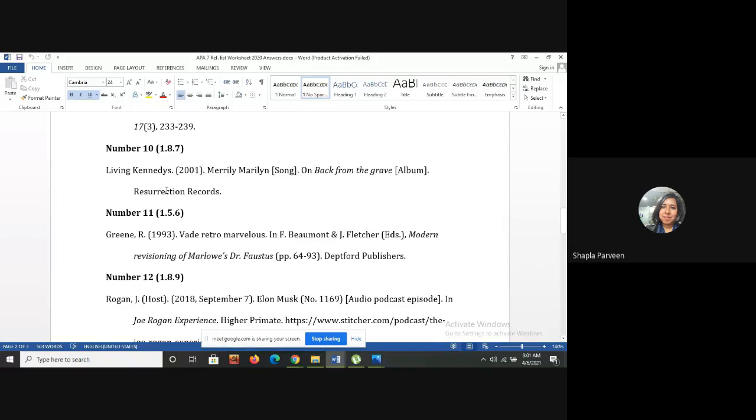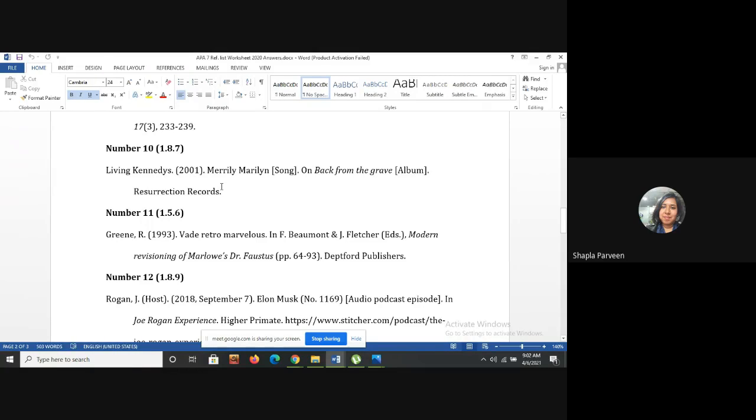Previously the name of the songwriter was actually given, but here, according to the 7th edition, the name of the band is given, then the year when the record came out, 2001.